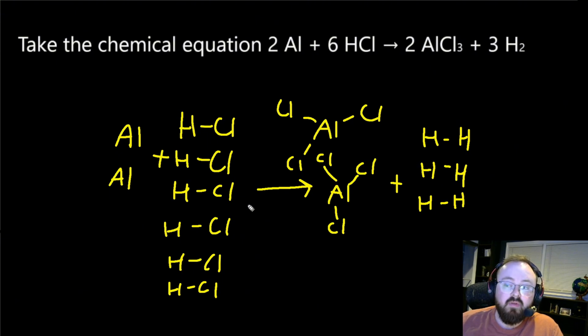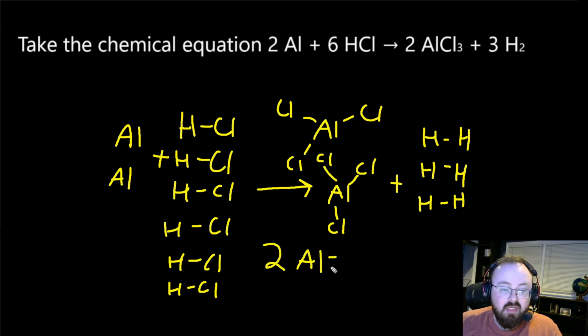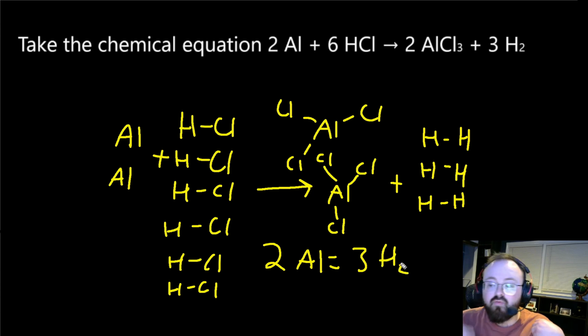But what is important for us to understand right here is that when we're talking about ratios, every time that I have 2 aluminum, that is equal to 3 H2. That is the ratio of this reaction. Think of it like our hamburgers and our patties and our buns, but now the numbers are a little bit different.